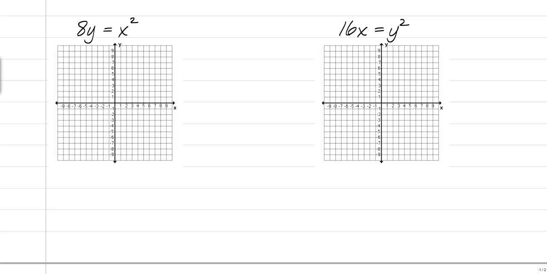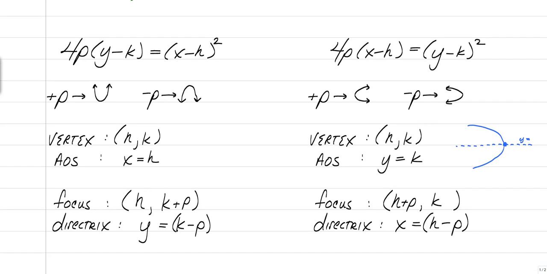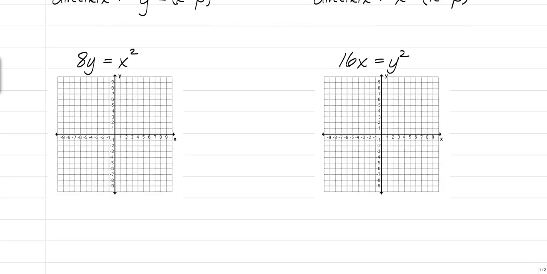Now the first thing you want to do for this is determine if it's going to open up, down, left, or right. So if we have a positive value for our p, and if we have an x squared, as in this setup here, positive p values will make it open up if x is squared.